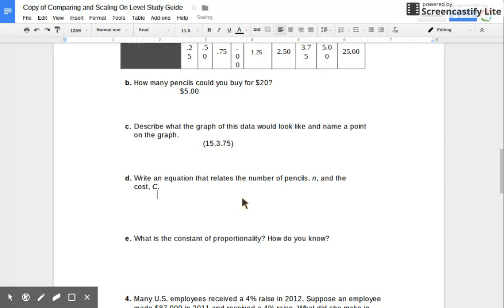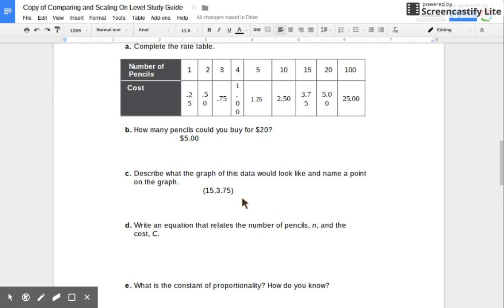Now we say write an equation that relates the number of pencils n and the cost c. We want to make an equation. An equation always has an equal sign and variables. So let's say the cost is equal to n, the number of pencils, times a certain amount. Well, if we put 1 here, in order to get from 1 to 25 cents, we have to multiply 25 cents to the 1.